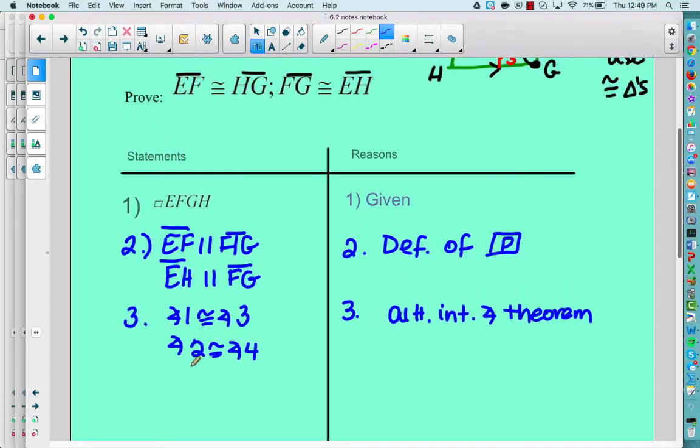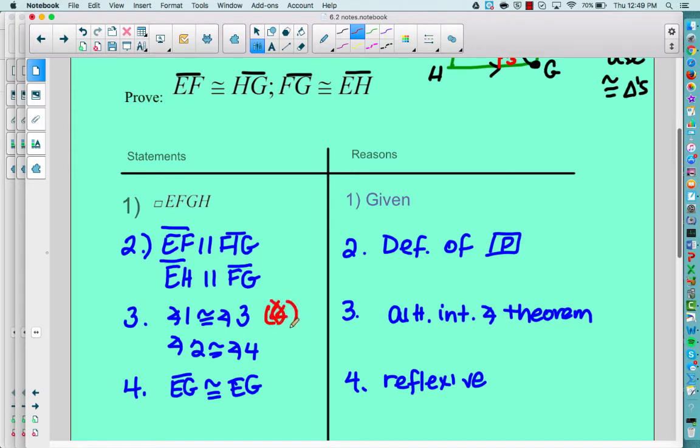All right. Then we added that reflexive side, right? So we did EG congruent to EG by reflexive. And if we go through all our pieces, we've actually got the two angles, right?